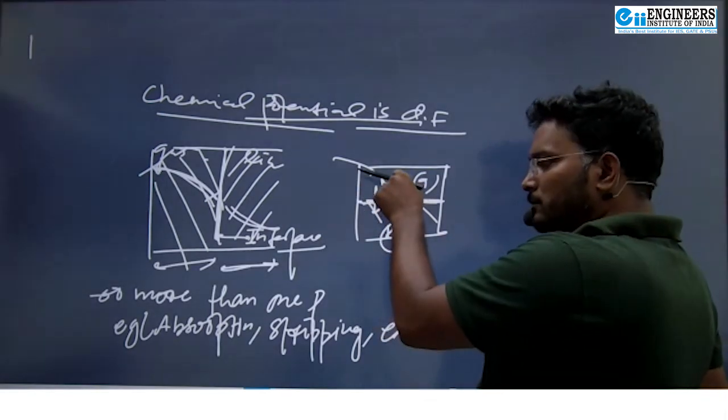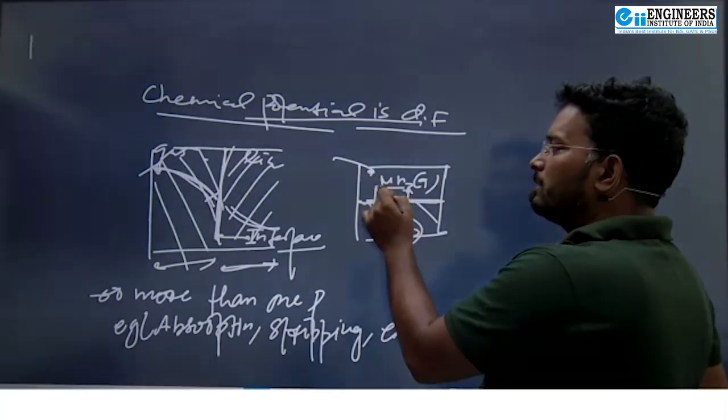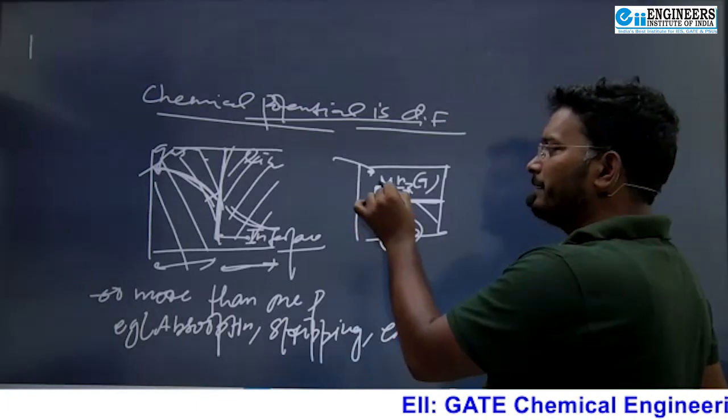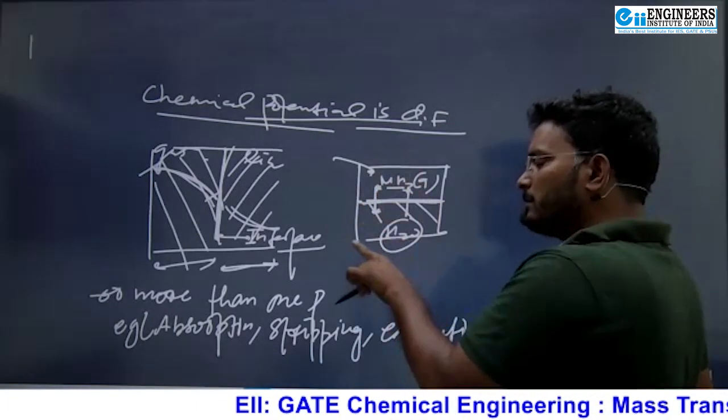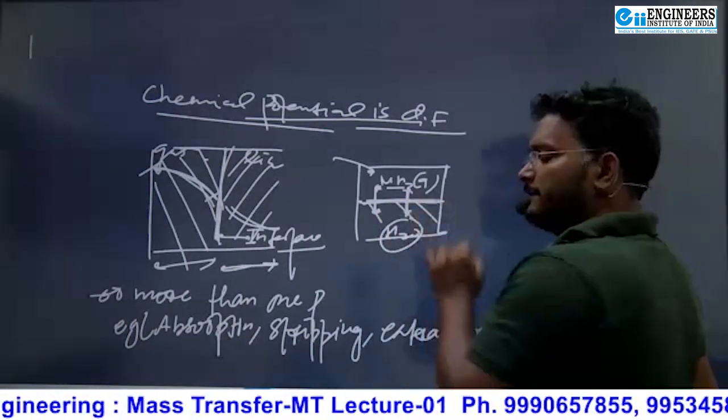Ammonia is soluble in the water. Some molecules of the ammonia will get transferred from the gas phase to the liquid phase, and at the same time some ammonia will also get transferred from the liquid phase to the gas phase.